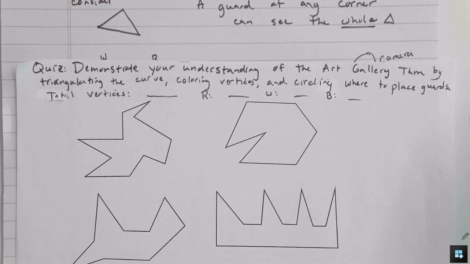Okay. So we're going to go ahead and triangulate one of these. So if you have a straight edge, please take it out. If you don't, please use your student ID. Where's my straight edge?